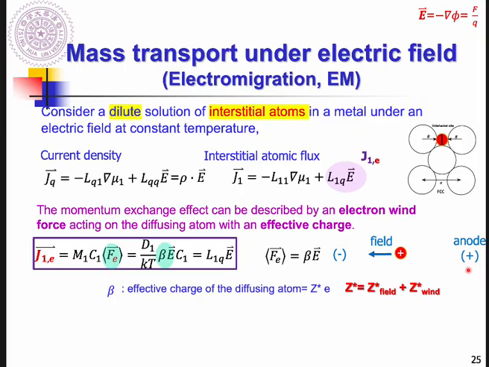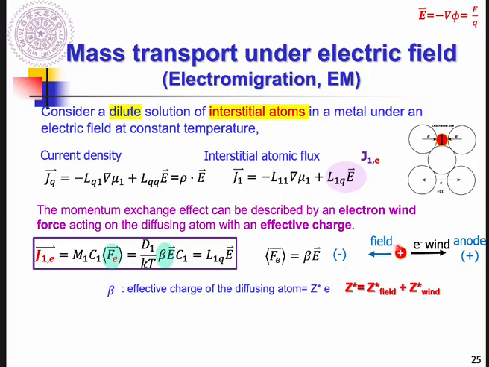However, in addition to this electrical field, this interstitial also has another driving force, which is what? The electron wind, or electrons flow, will push these positive interstitials toward the anode. Because if this is the anode and this is the cathode, the current will go this way, so electrons flow will go to the right-hand side.